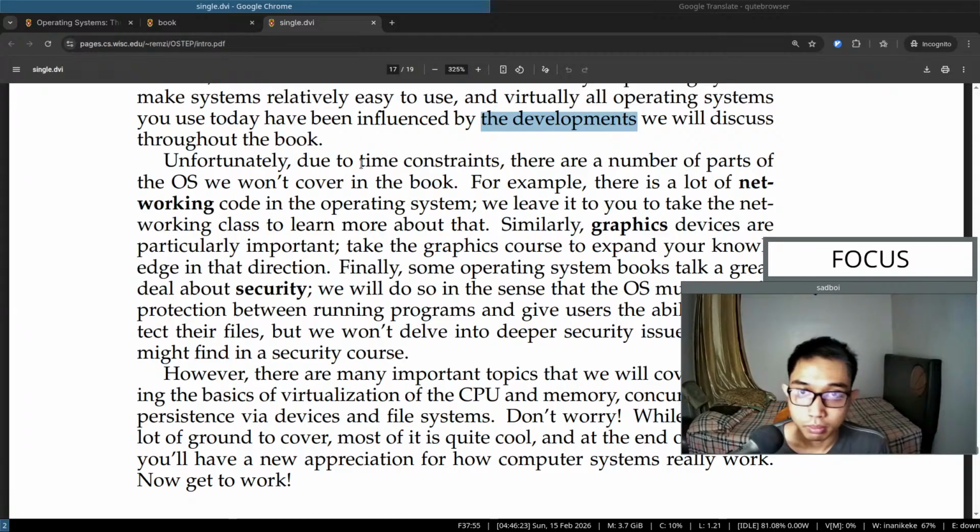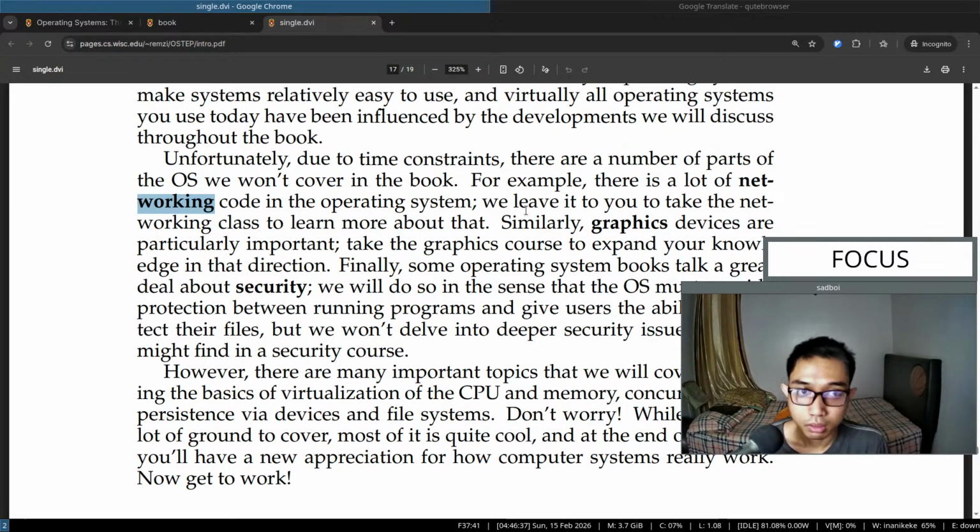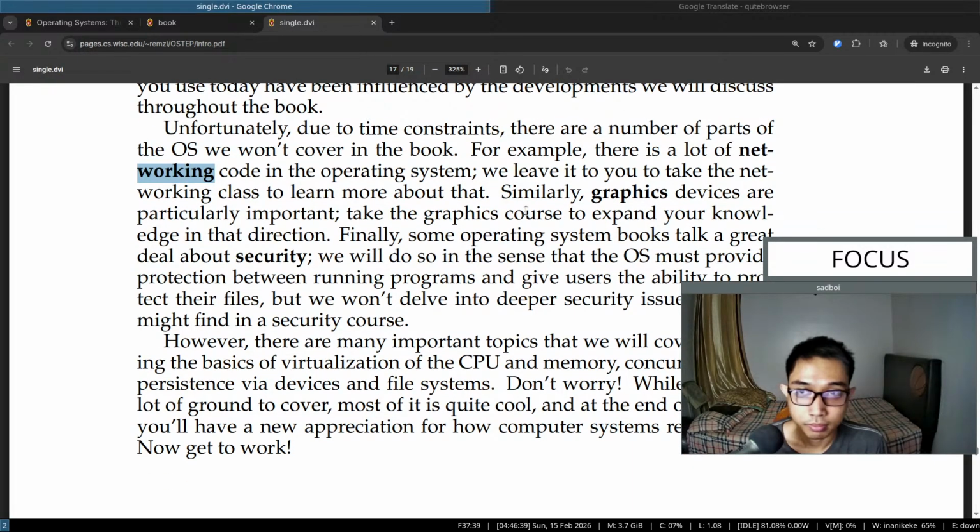Unfortunately, due to time constraints, there are a number of parts of the operating system we won't cover in the book. For example, there is a lot of networking code in the operating system. We will leave it to you to take the networking class to learn more about that. Similarly, graphic devices are particularly important. Take the graphics course to expand your knowledge in that direction.